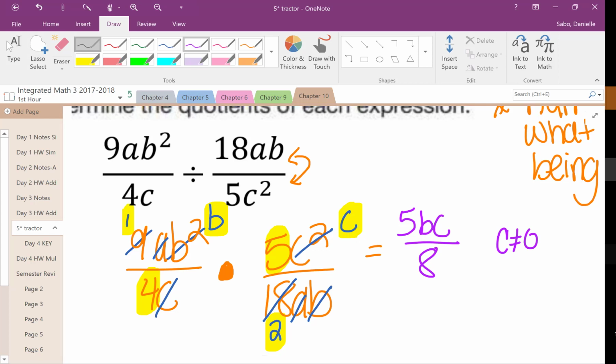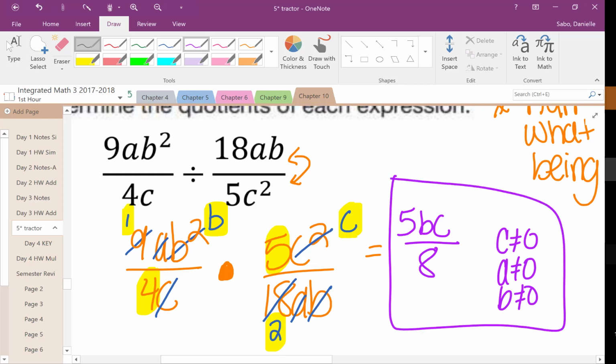Whatever you're dividing by, you now have to look at the numerator, because when you flip it, it now is in the denominator. Okay? So what makes the top here equal to 0? 0. A and B cannot be 0 as well. You have to talk about that. So you're going to look at the original denominators, and after you flip it, you have to look at the denominator.